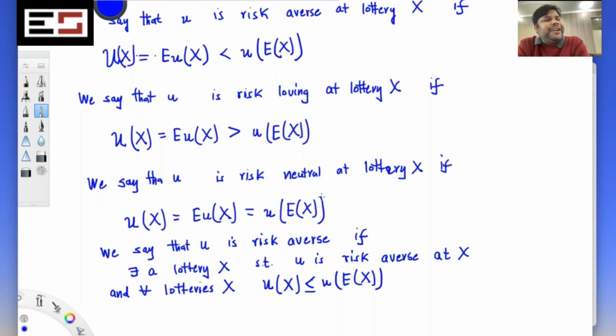Is that okay? So now we can define risk neutral. We say that an individual is risk neutral if the individual is indifferent between the lottery and the expected value of the lottery for all lotteries.